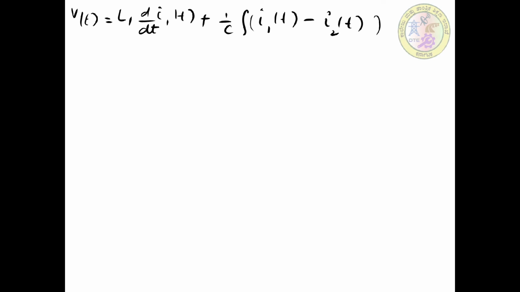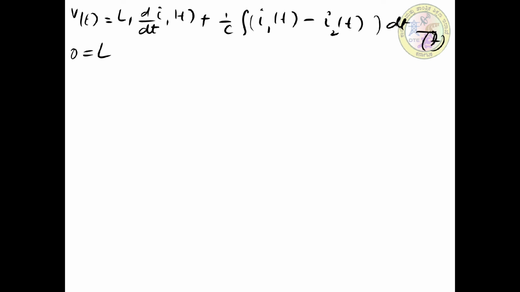It has a voltage source, that is V of t is equal to L1 into d by dt of I1 of t plus 1 by c integral I1 of t minus I2 of t into dt. So this was equation 7, which gives us one loop.